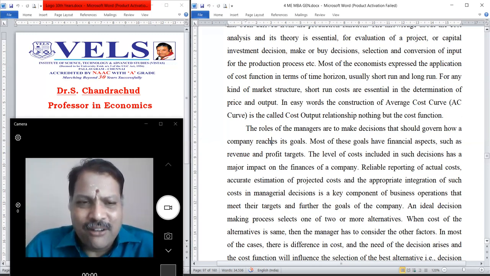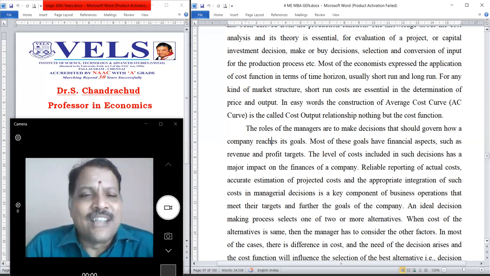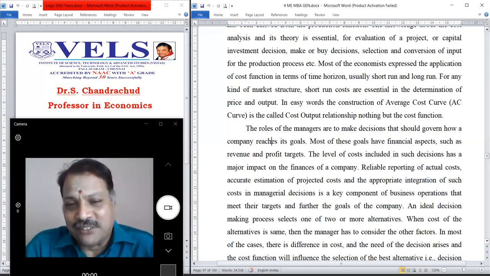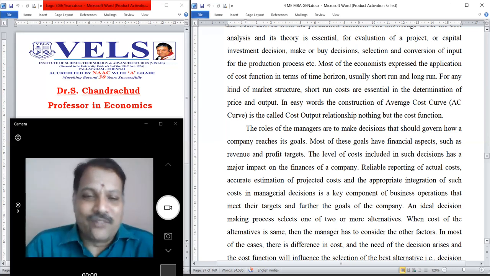Reliable reporting of actual costs, accurate estimation of projected costs, and the appropriate integration of such costs in managerial decisions is a key component of business operations that meet their targets and further the goal of the company.